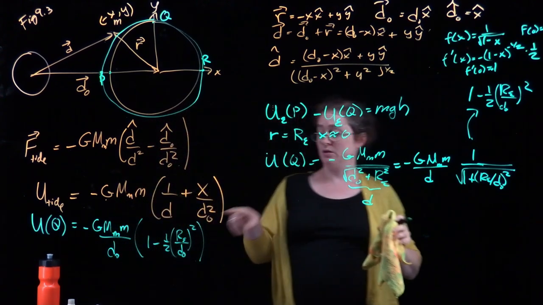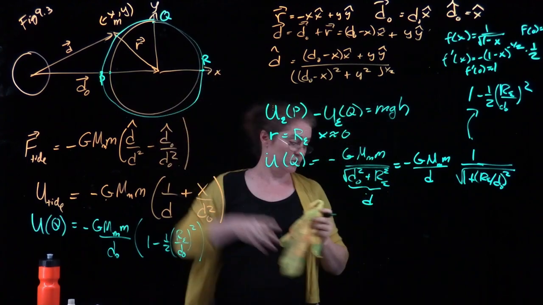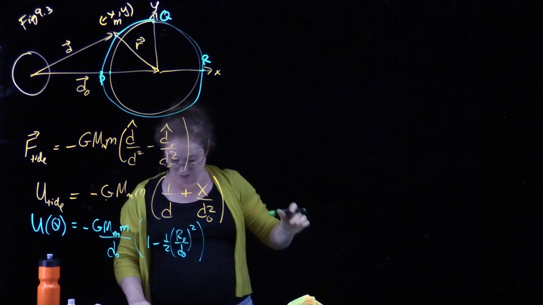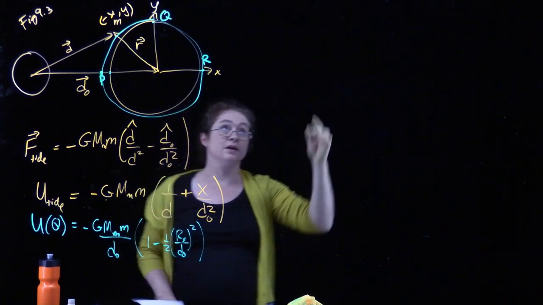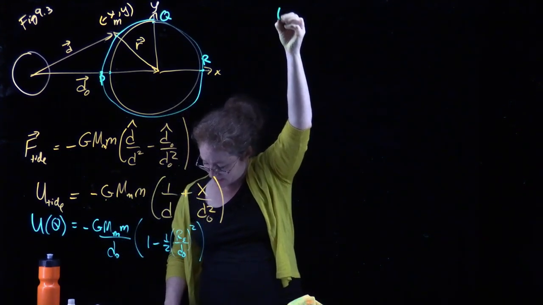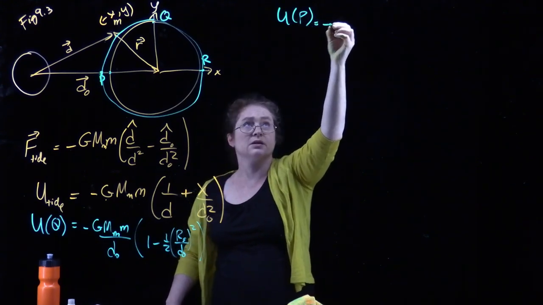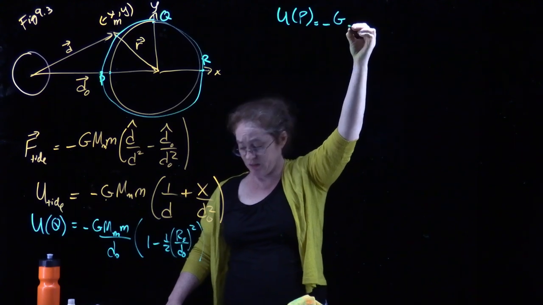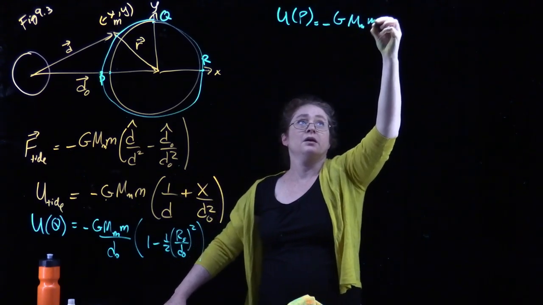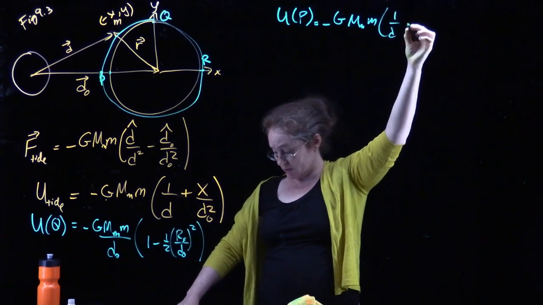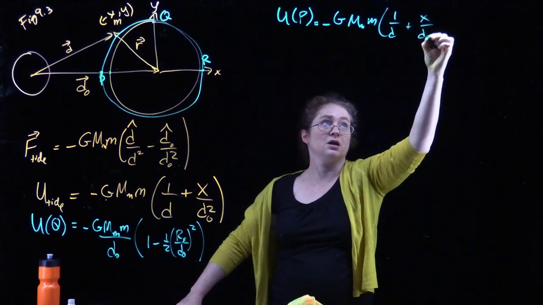Then we're going to come back and look at the potential here. All right, so then we are going to look at the potential at point P. This is negative GM, 1 over d plus x over d naught squared.